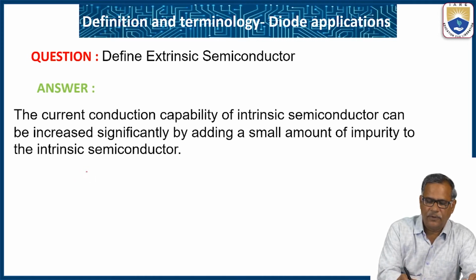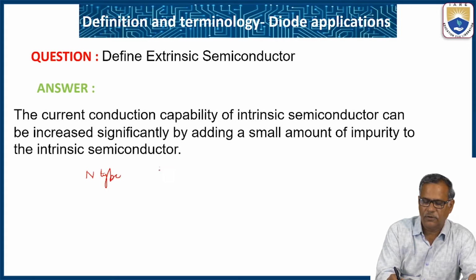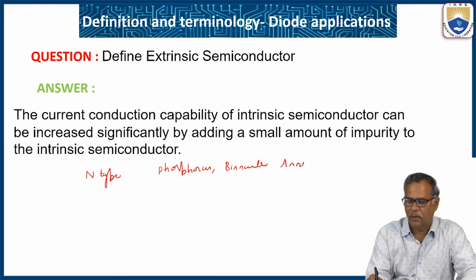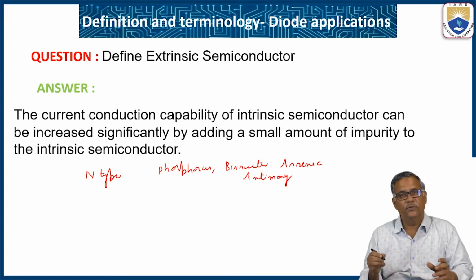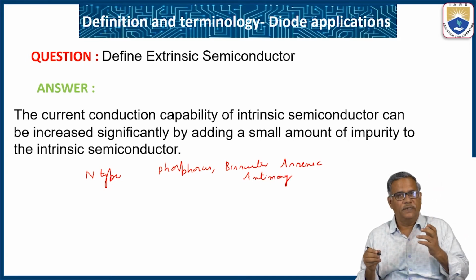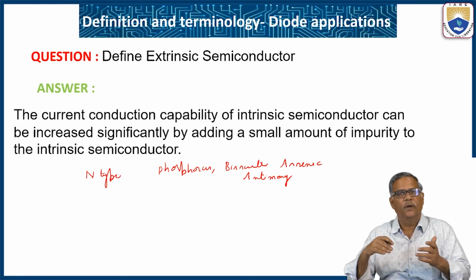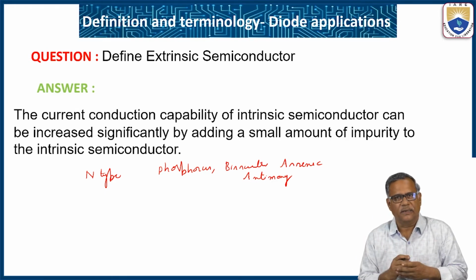For the n-type impurities, the dopants which are used are phosphorus, bismuth, arsenic, and antimony. These are used to convert intrinsic semiconductor to n-type extrinsic semiconductor.